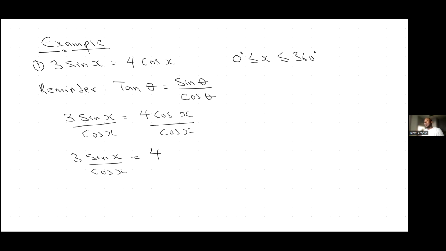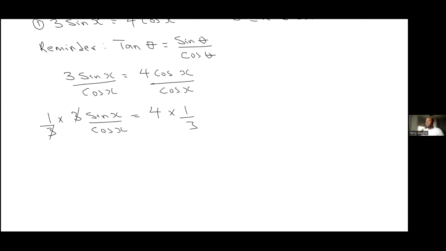Before I change that, I can remove this 3 from here. I can decide to multiply both sides by 1 over 3. Are you seeing it? So that I can remove this 3. This 3 is going to cancel this. So we're going to have sine x divided by cos x equal to 4 over 3.